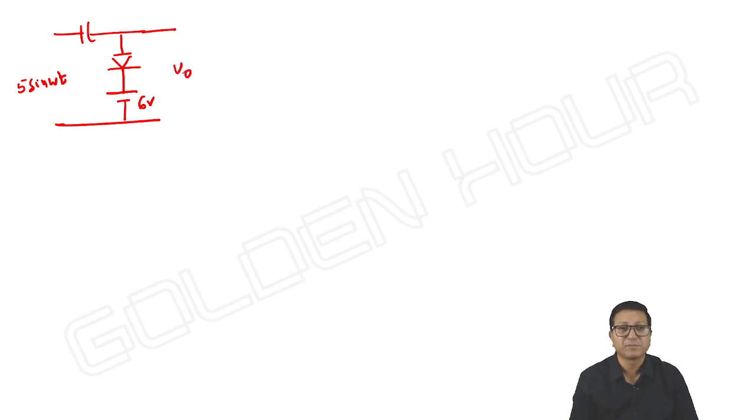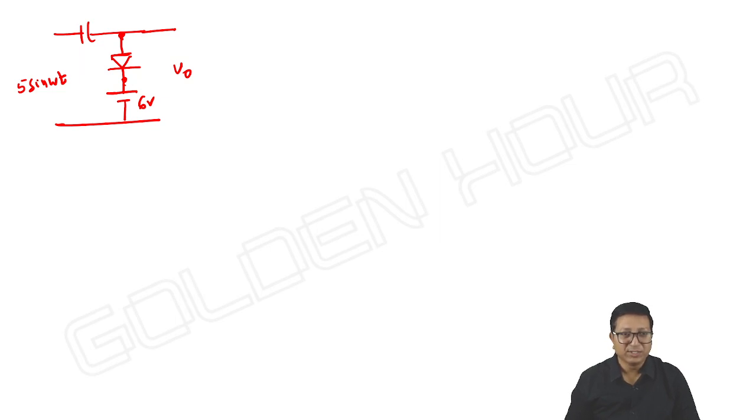We output. What is the output of this particular case? See, what is there? So initially the diode is off, definitely, and it's open circuit. For the diode to conduct, the anode voltage should be greater than cathode voltage. But is there any scope for the anode voltage to go above cathode voltage? No.